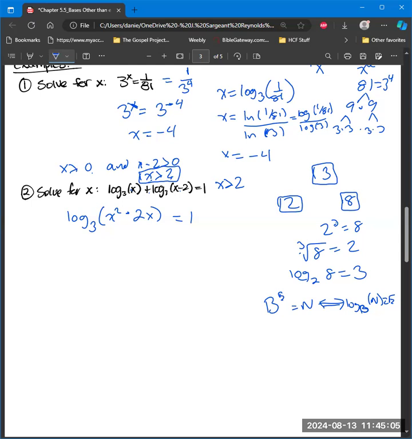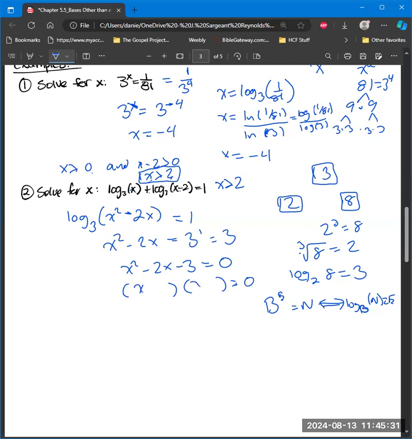Now I'm going to rewrite using this formula here. So x squared minus 2x is going to be equal to 3 to the first, which is 3. So x squared minus 2x minus 3 is going to be equal to 0. I'm going to factor.